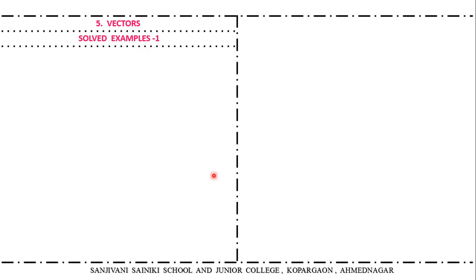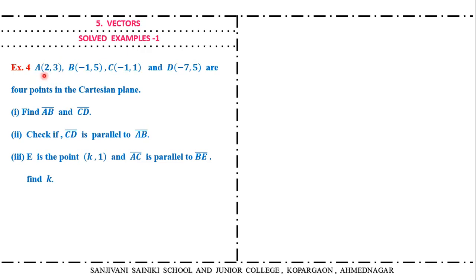Then, A, B, C, D are the 4 points in the Cartesian plane. We have to find AB bar and CD bar. It is so simple. As A is (2, 3), A bar is 2i plus 3j. B is (-1, 5), so B bar is minus i plus 5j.